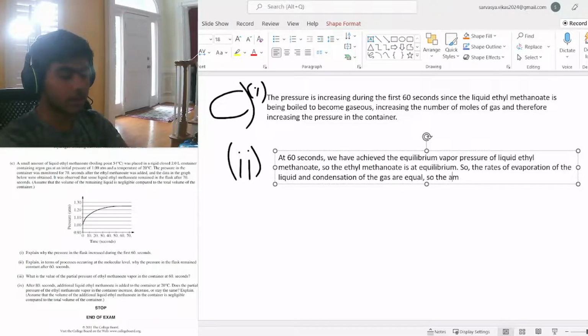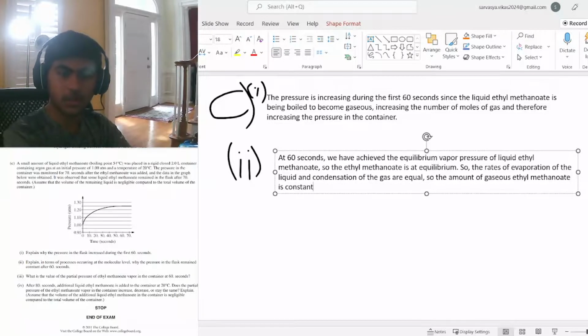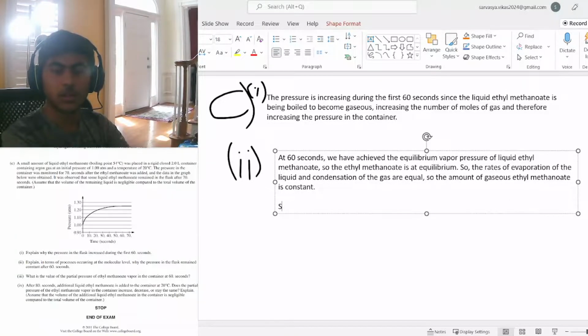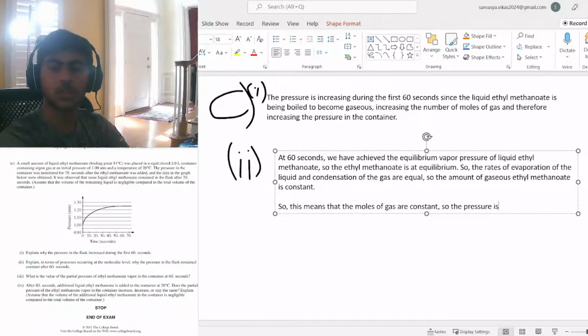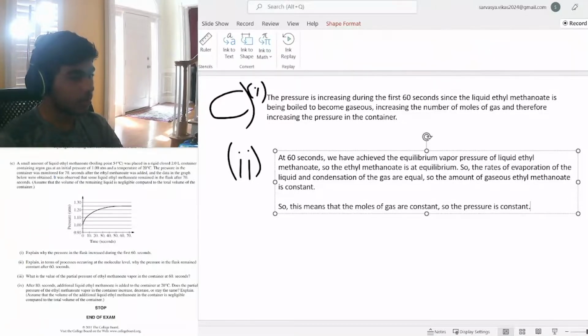So the amount of gaseous ethyl methanoate is constant. So this means that the moles of gas are constant, so the pressure is constant, right? And we can move on to the next part.